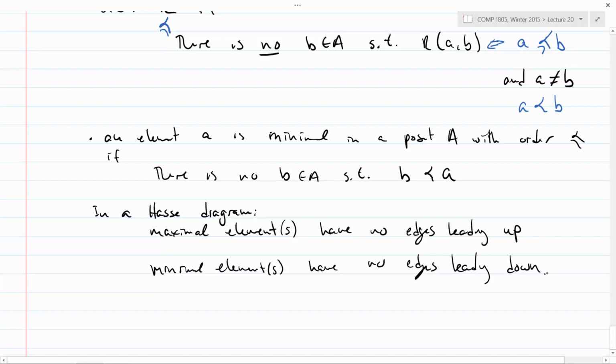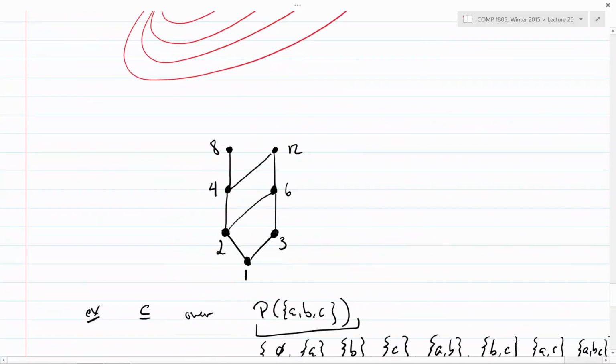So notice that there's no single minimal or single maximal element.